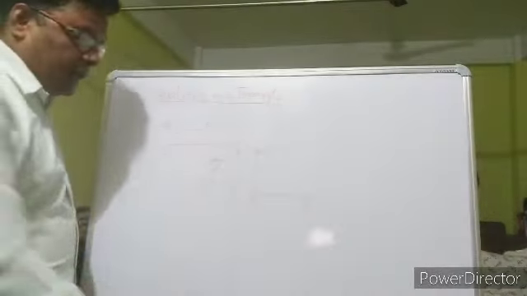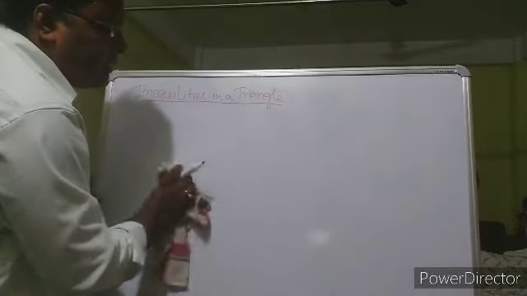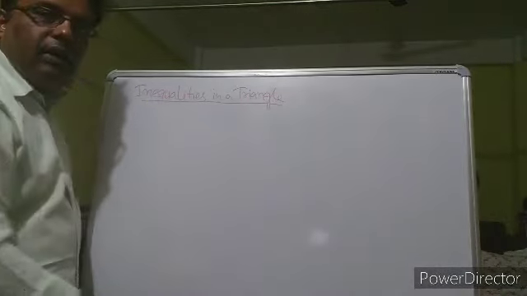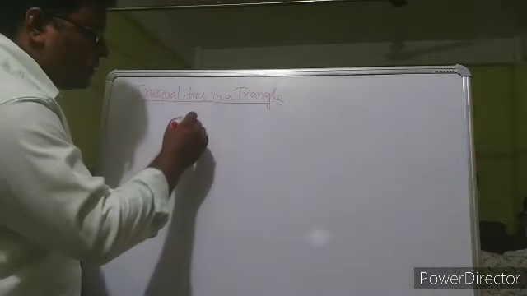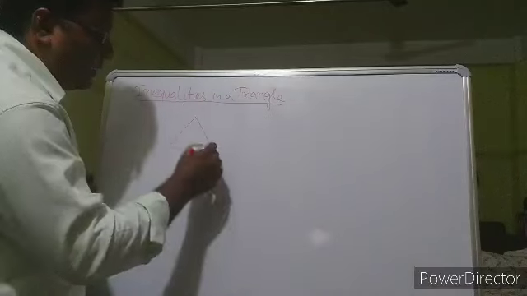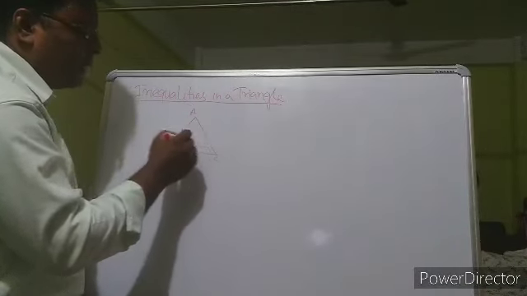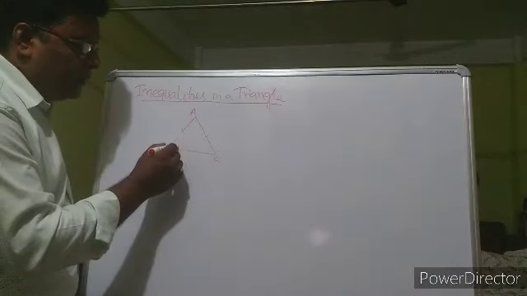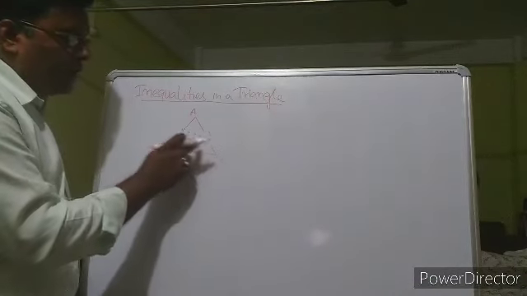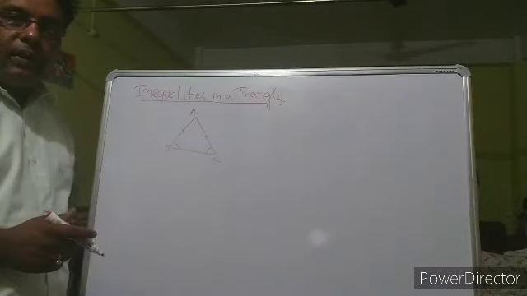Now see, in case of an isosceles triangle, two sides are equal, then the two angles are also equal. That is, in triangle ABC, if AB and AC are equal, then the angles opposite to the equal sides, angle B and angle C, are also equal.